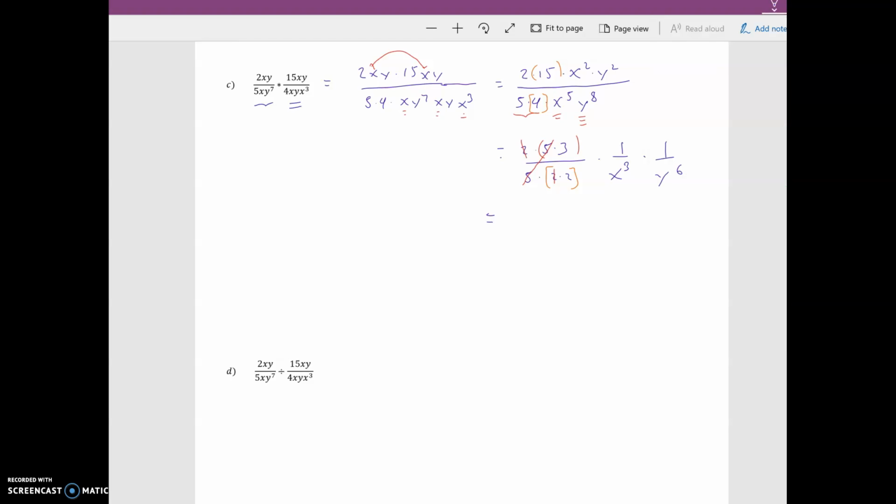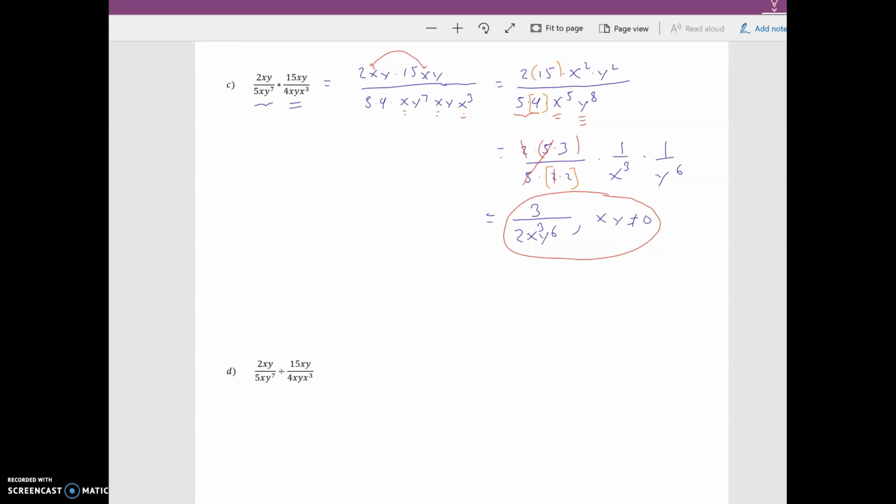So our final answer is going to be 3 on the top, and at the bottom you're going to have a 2, x to the 3rd, y to the 6th. So technically x and y are not equal to 0. Take a look. That's our final answer.